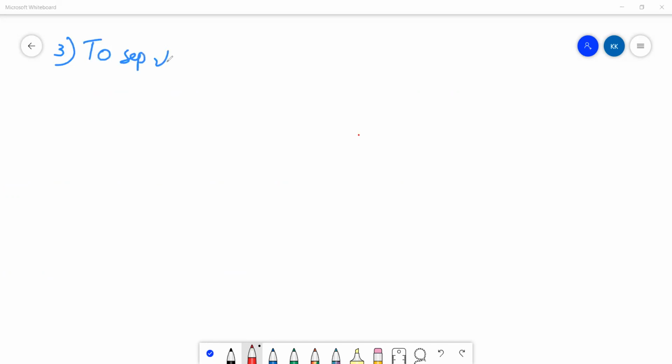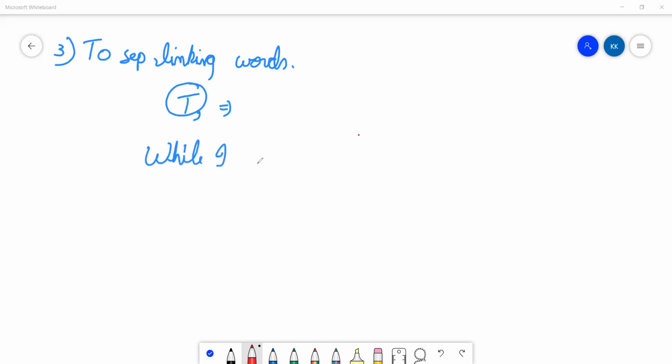The third use is to separate linking words. This is something that I'll cover during the transition parts. It's very simple. After a transition, usually a comma is going to come. But suppose, for example, while I was sleeping.